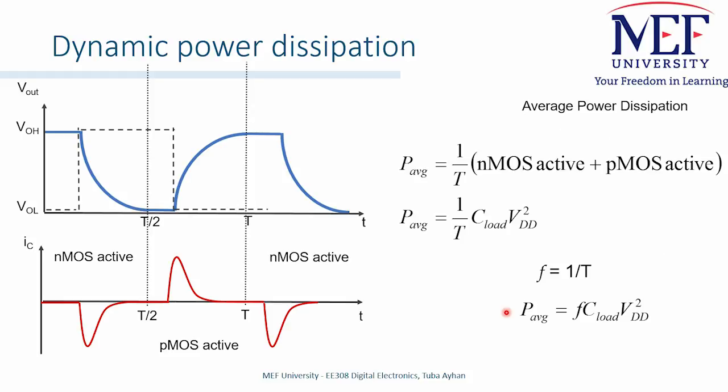Therefore, the average power of the CMOS inverter is C load times VDD squared times F, with F being the switching frequency, the inverse of the period T.